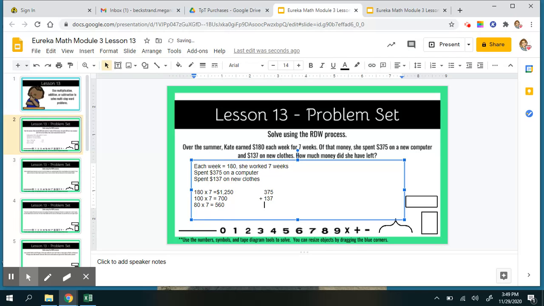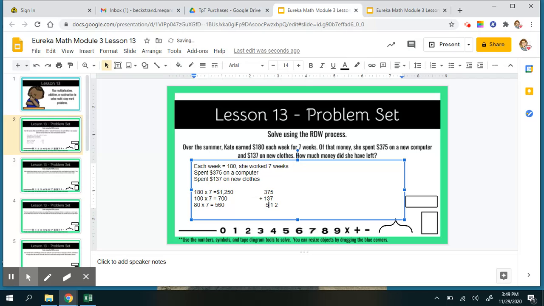So 5 plus 7, that's going to give me 12. So if I carry the 1, bring down the 2. Seven plus 3 is 10, plus 1 more is going to give me 11. Carry the 1, put down the 1. And then 3 plus 1 is 4, plus 1 more is going to give me 5.